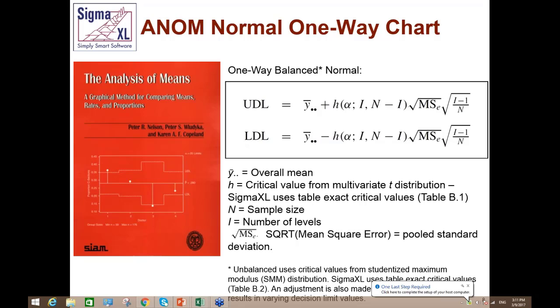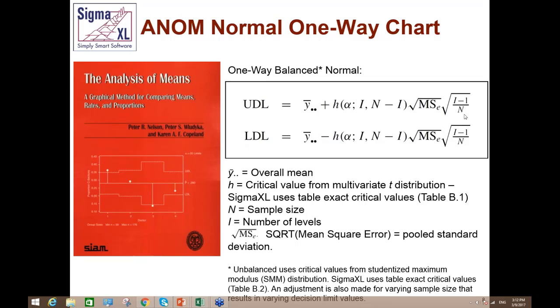And that's this H critical value, which is derived from the multivariate t-distribution. You can think of this basically like a t-statistic, but it's a multivariate t-statistic that's appropriate, and it takes into account not just the sample size, but the number of levels that you're working with, the number of categorical levels. Then you have the square root of the MSE, basically the standard deviation, or the root mean square from the Anova. Then the square root of (I minus 1) over n, with I being the number of levels.